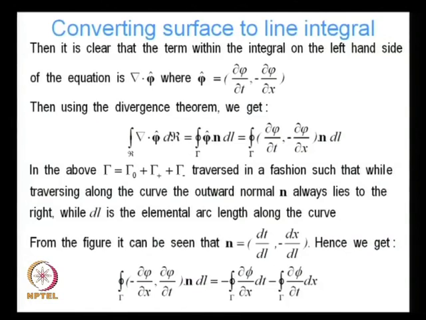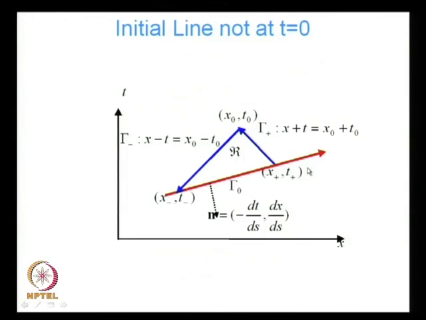So, the integral of the divergence of phi hat becomes the integral of phi hat dotted with n, over the boundary of the domain, which comprises 3 parts: gamma minus, gamma 0 and gamma plus. Phi hat is (del phi/del t, minus del phi/del x), dotted with n dl. So, now I have converted this integral over the region R to an integral along these lines: gamma minus, part of gamma 0 and gamma plus.